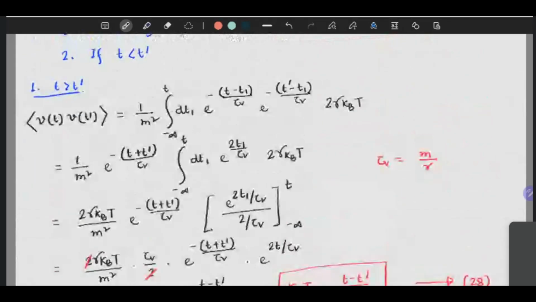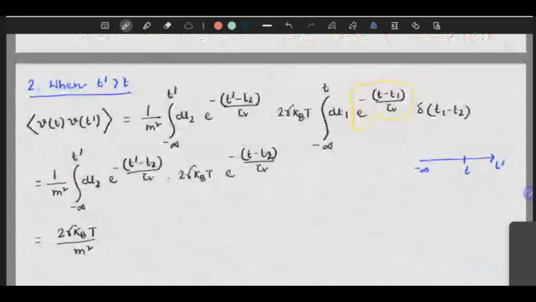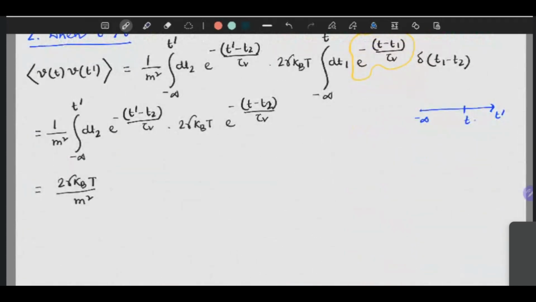Did I make a mistake somewhere? No. Okay, so this will be e to the power minus (t plus t prime) by tau v, and similarly e to the power minus t prime dt2 e to the power 2 t2 by tau v.